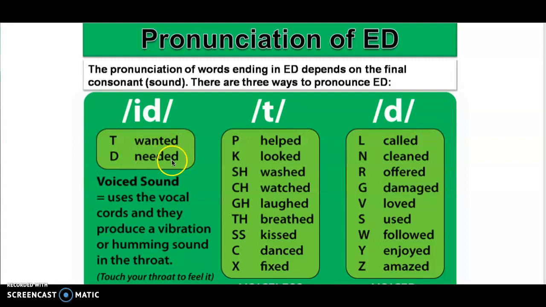And we have these examples for words ending in p, k, sh, ch, gh, th, ss, c, and x. And the last pronunciation, the d at the end, finishes in t.